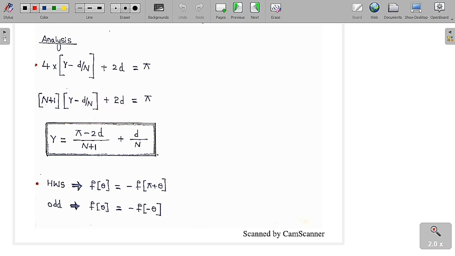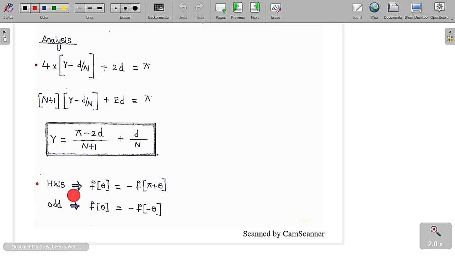If we do simplification, finally we are going to get gamma is equal to pi minus 2D by N plus 1, plus D by N. So if you solve this, gamma is equal to pi minus 2D by N plus 1, plus D by N. So this is the gamma that you are going to get with respect to origin. This is in terms of angle theta, in terms of radians.